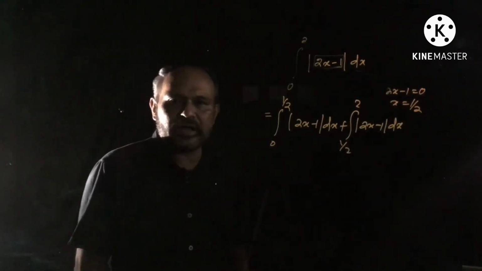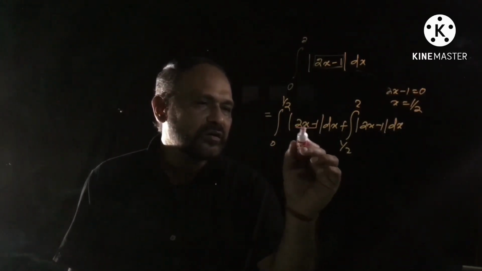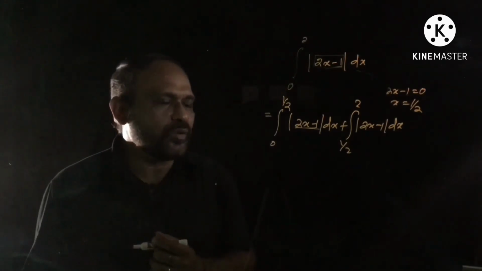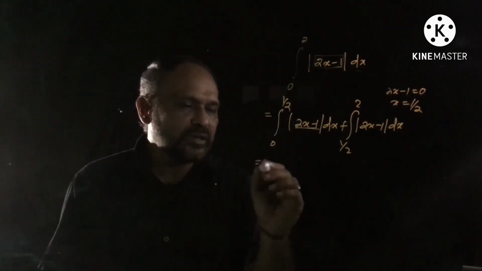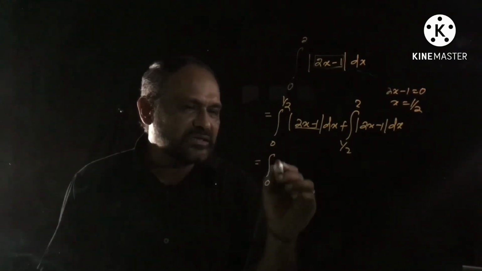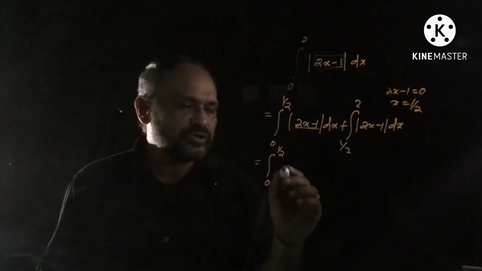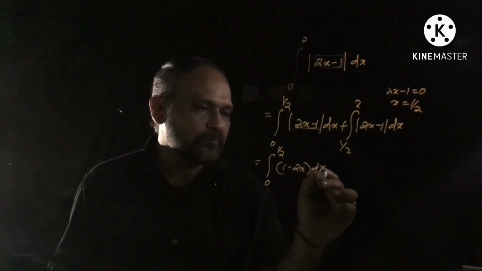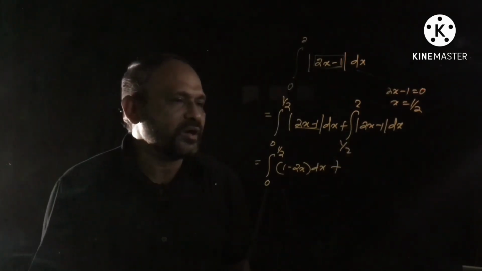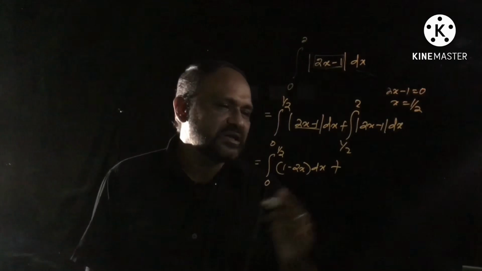For positive or negative, we have to put the value 0 here. If we put x equal to 0, then this is minus 1, negative. Therefore, we can write this as integral from 0 to half of minus of 2x minus 1, or 1 minus 2x, dx. If we put 2 here, then 4 minus 1 is positive.